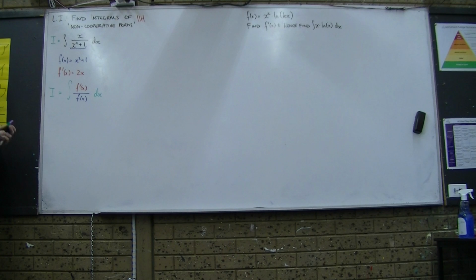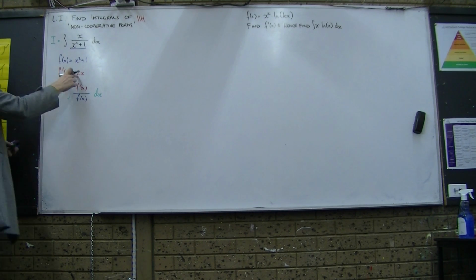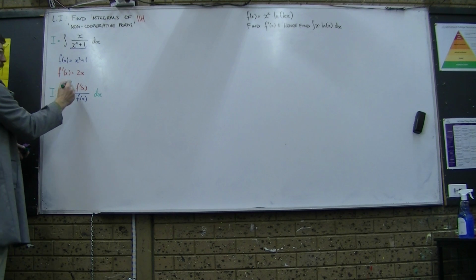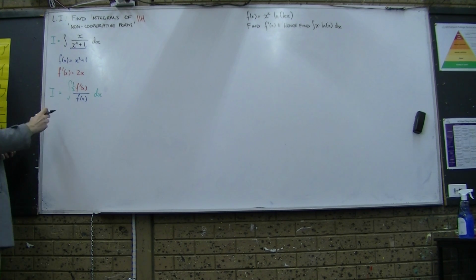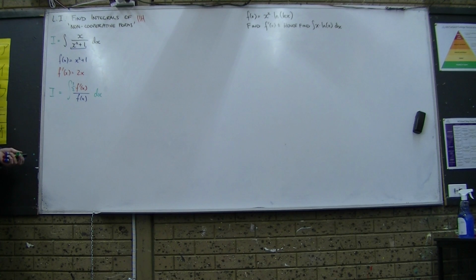What small adjustment do I need to make? Half, right? Because this is 2x, but I just want x, so I need a half times that. Yeah? Cool. Well, if I use integral properties, I can bring that half out front.